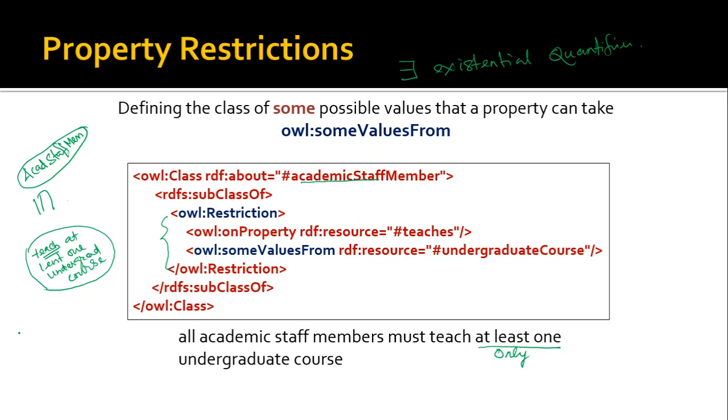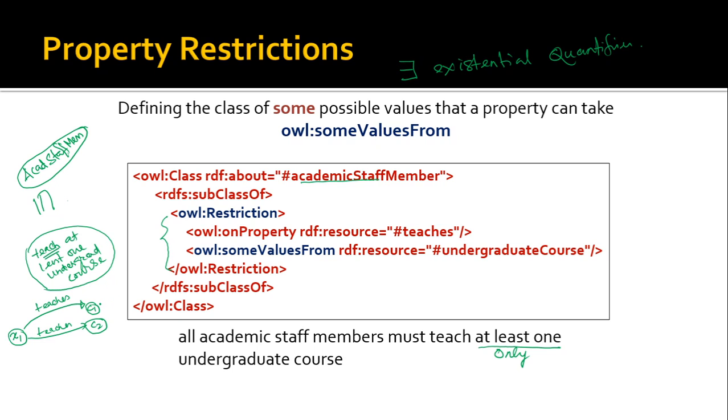So we have something, say x1, some entity which teaches say c1, right? And this x1 also teaches this c2, right?